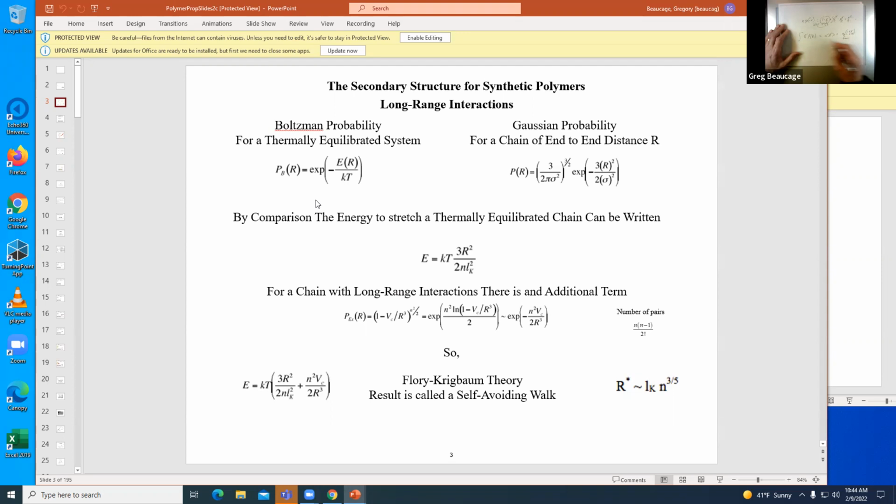Yeah, you find out that r squared is NL squared. Sorry about that. So the solution is that r squared is sigma squared, which is NL squared, because we knew that r squared is NL squared from the double sum of the r dot r thing. So you solve that by doing this integral.